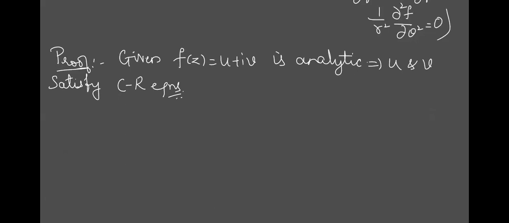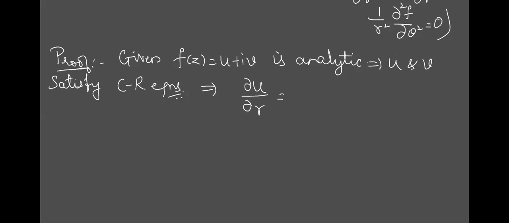Now, see what are the CR equations I have to write then? ∂u/∂r. Why do we have to write r? Because we are proving for polar. You should keep in mind.